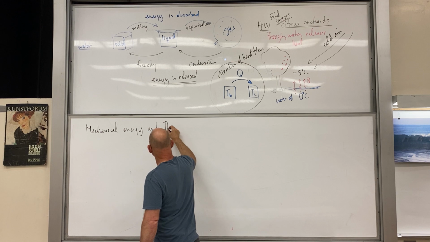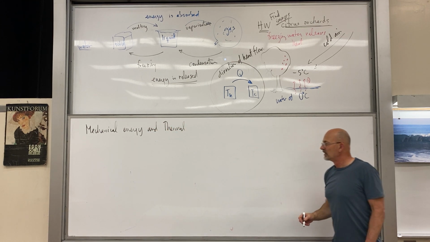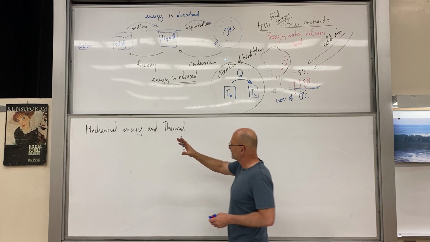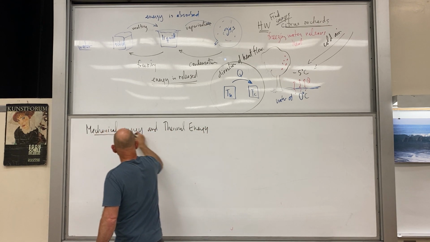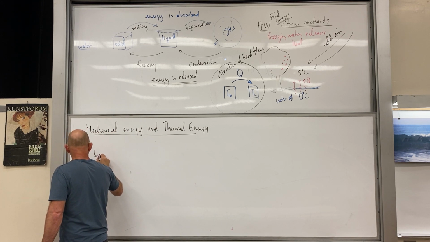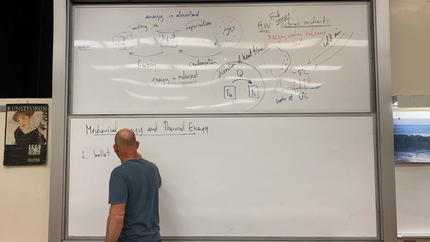We already know that with friction and force, we can turn mechanical energy, work, into thermal energy. So let's return to our asteroid. We'll start first of all with a bullet fired against a steel plate.